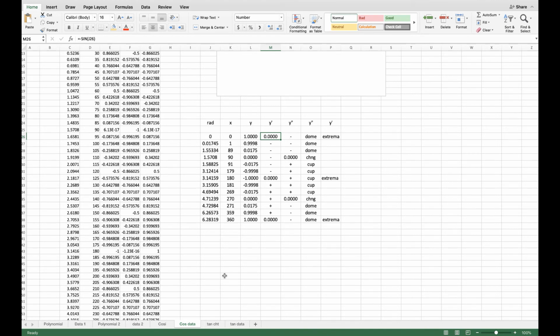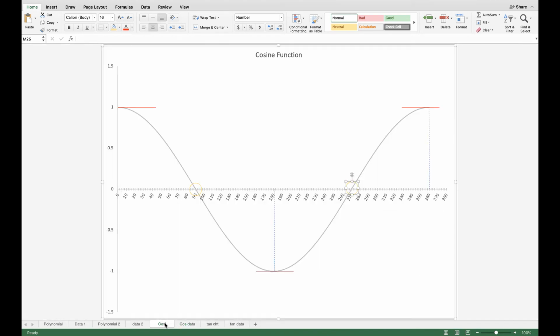And we can see here that with this plot, from 0 to 90 degrees, our second derivative is going to be negative, and therefore it's dome-shaped. But at 90 degrees, where it crosses the x-axis into the negative realm, you can see that the function becomes cup-shaped, and so that holds water.